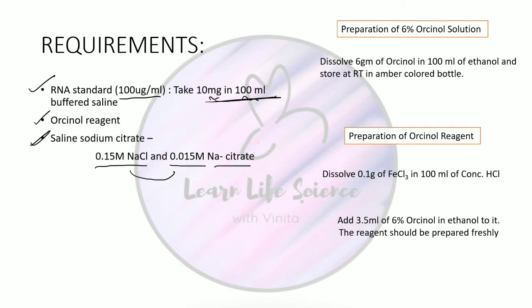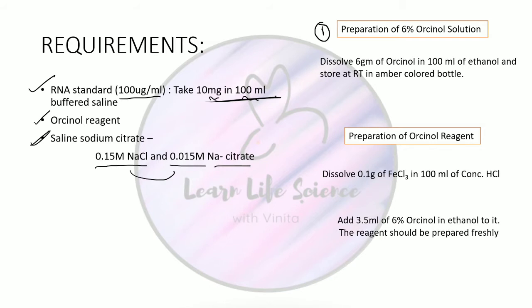Now, how are you going to prepare the Orcinol reagent? Orcinol is commercially available in the form of powder. Using that, you will further add ferric chloride as well as acid, because we have to maintain every condition. First, you are going to prepare a 6% Orcinol solution.